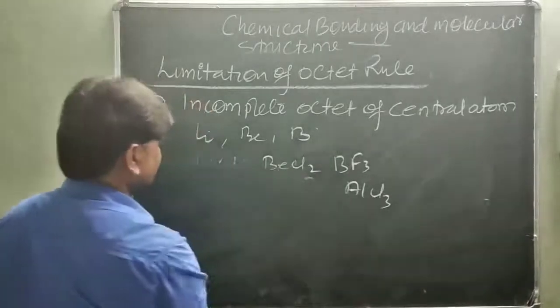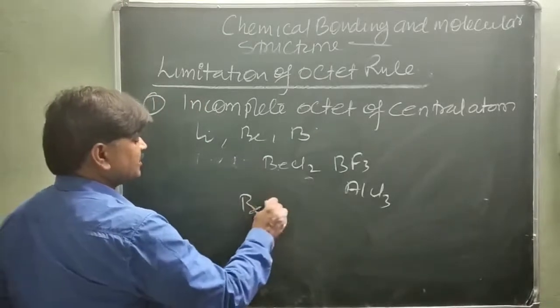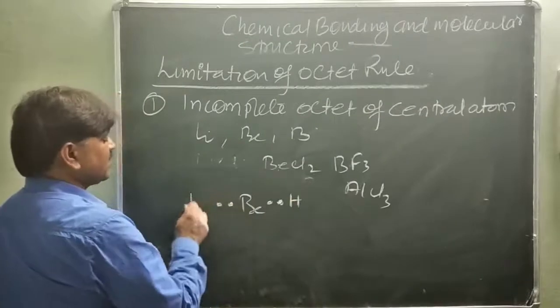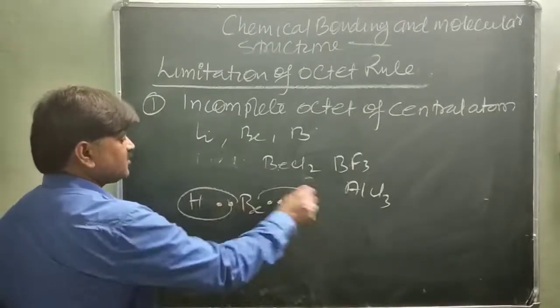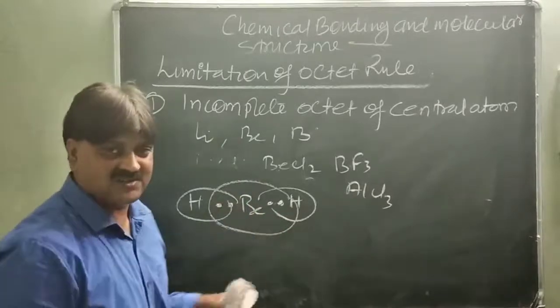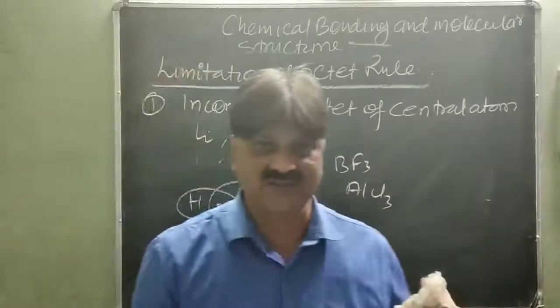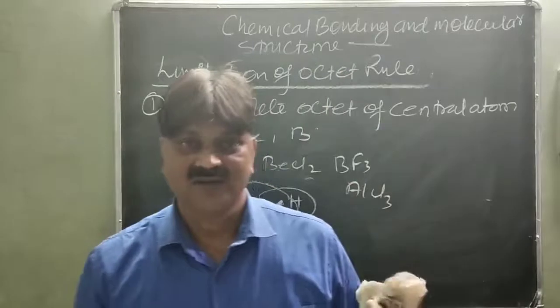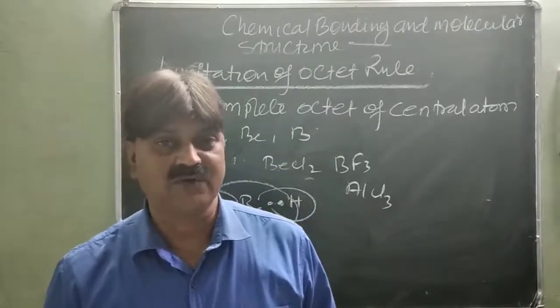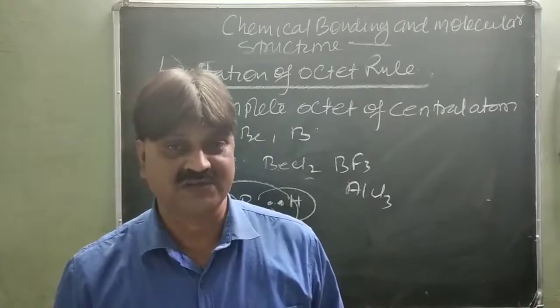Another example, BeH2: beryllium has 2 electrons in the outermost shell and hydrogen has 1 electron each. Now beryllium has only 2 and 2, 4 electrons. It does not follow the octet rule but exists. So this is also a limitation, or drawback, of the Lewis structure.